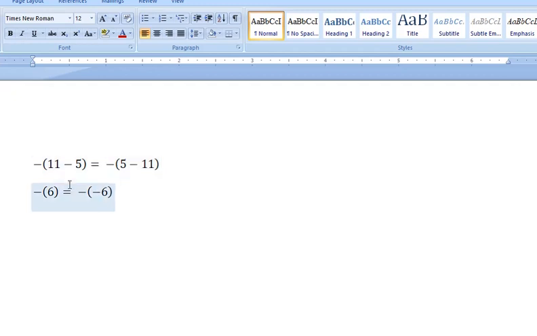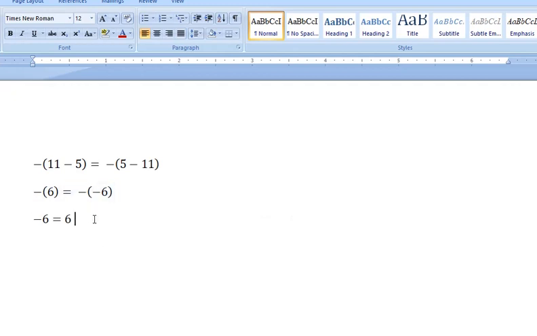11 minus 5 is 6, and again 11 minus 5 is 6, but this is positive 6 inside the bracket, but this is negative 6 inside the bracket. Ultimately, how can we write this? Minus into minus is plus, and for plus we do not write any sign, so we just leave it like this.